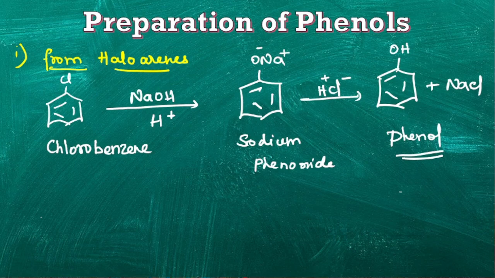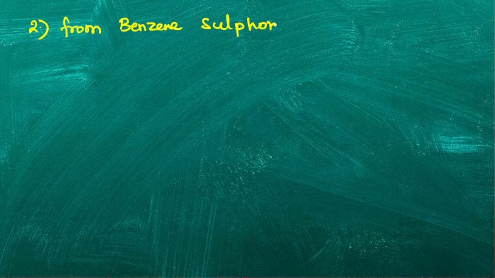Next step, second, you can prepare the phenol from benzene sulfonic acid. So first for this equation, we are going to consider the benzene.